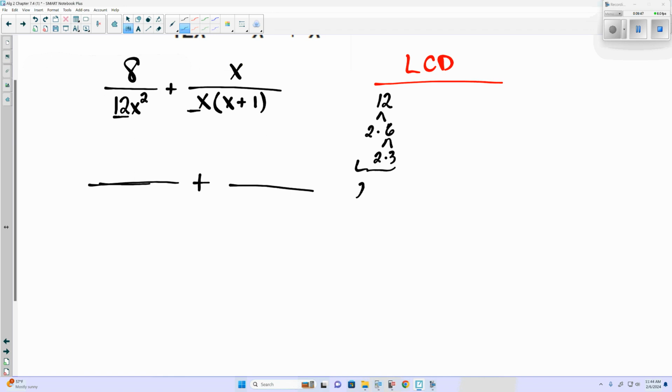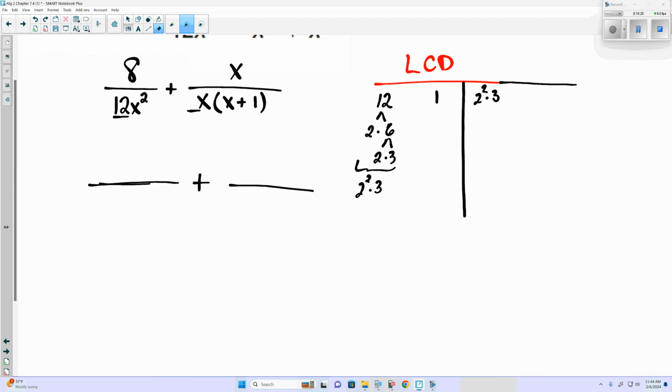So this here is 2 squared times 3. The other one is 1. I'm going to move that a little farther over. Well, prime factorization of 1 is just 1. So if we take the most of each one, 1 doesn't do anything, but we would still have 2 squared times 3. And that's it.